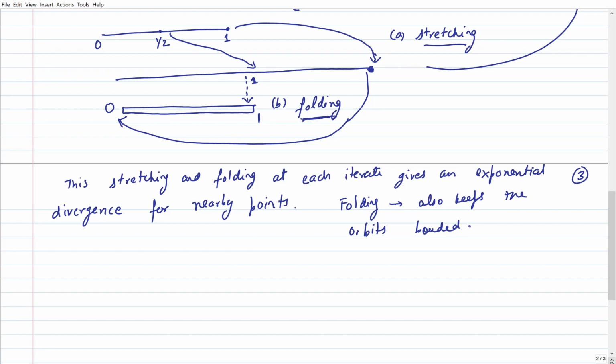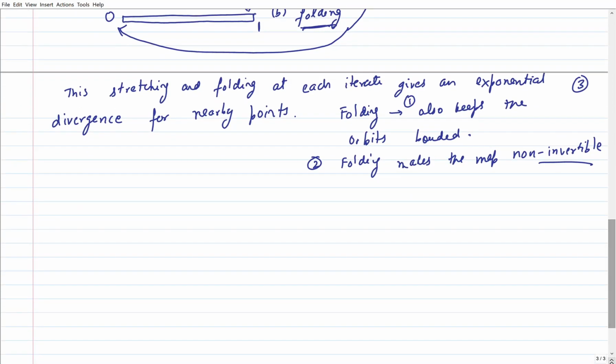And not only that, folding also makes the map invertible. Sorry, non-invertible. I beg your pardon. Non-invertible. And what do I mean by non-invertible? That means that I have 2 points on the map. Let's say these guys.